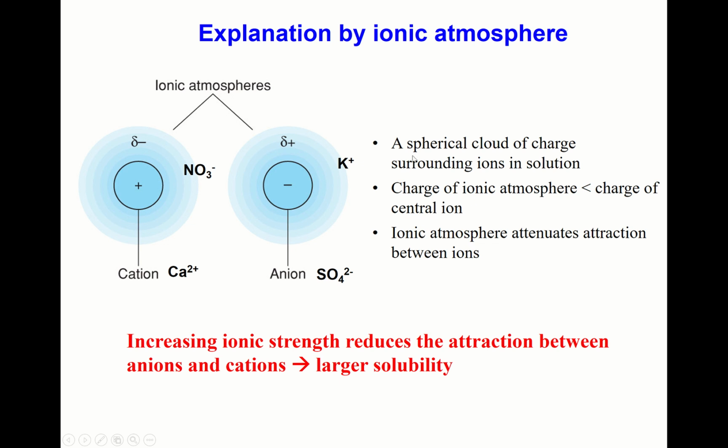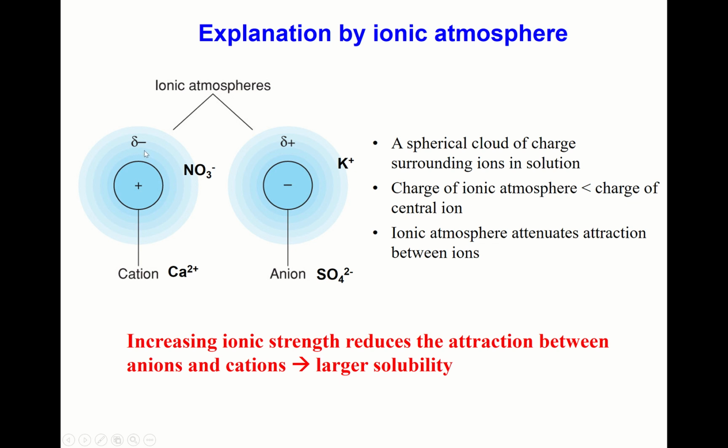So here, a spherical cloud of charge surrounds ions in solution. The charge of the ionic atmosphere is smaller than the charge of the central ion. This delta minus, the partial negative charge, cannot be greater than the central ion charge, which is +2.